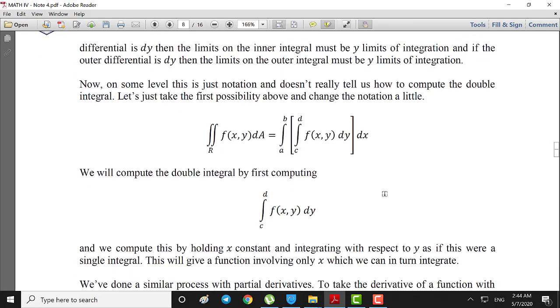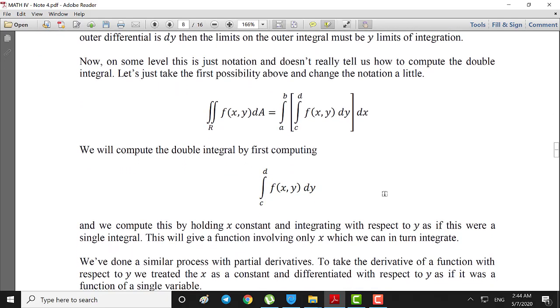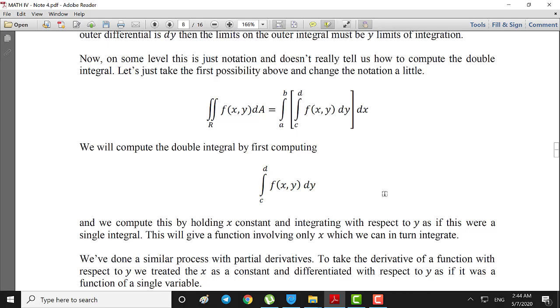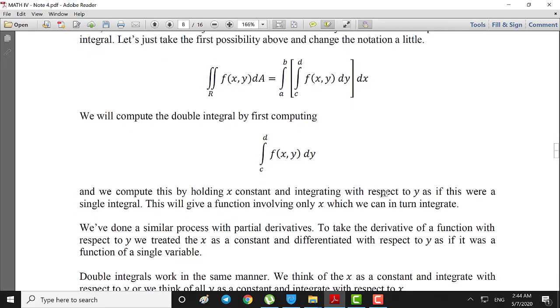Now, suppose that we want to calculate that double integral that we had using the first possibility, meaning writing the differential as dy dx.